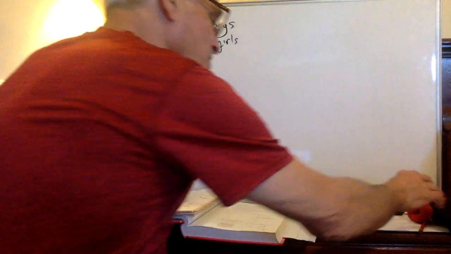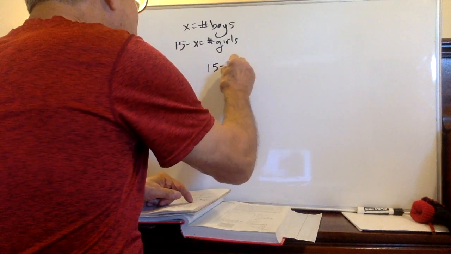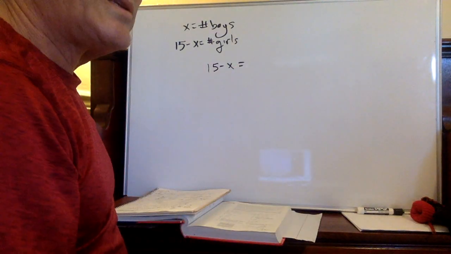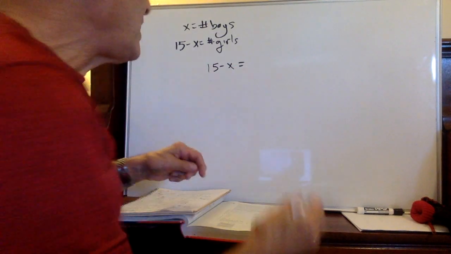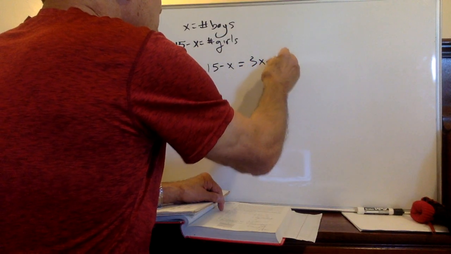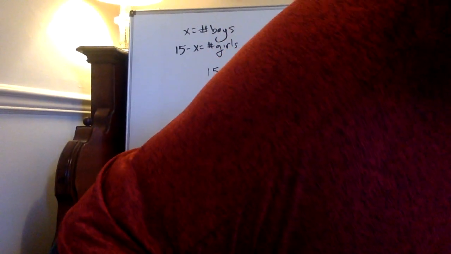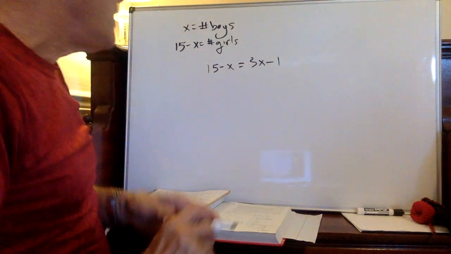So I can do this also in this way. This number, 15 minus x, is 1 less than 3 times the number of boys. Well, if the boys is x, 3 times that is 3x, and 1 less is 3x minus 1. Excuse me, I had to plug in.